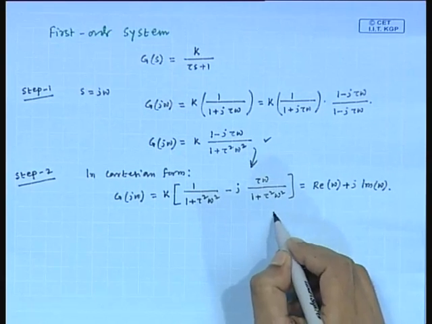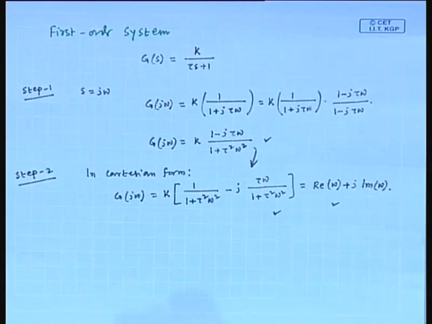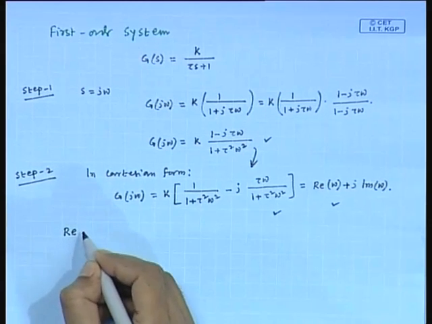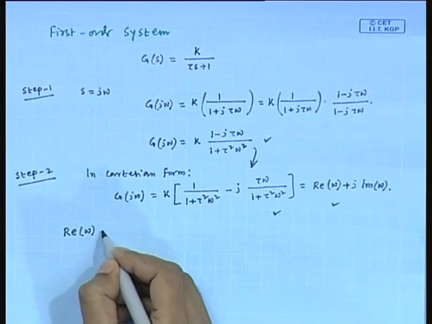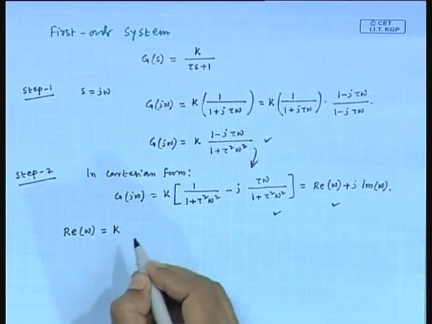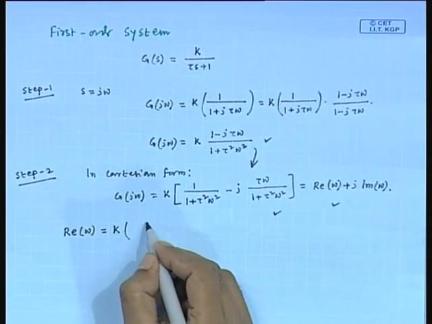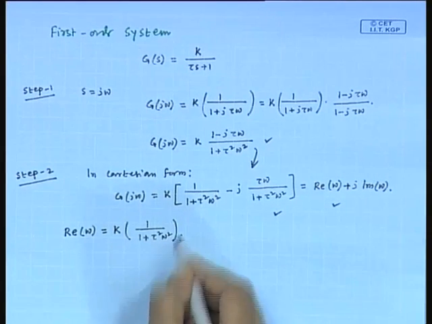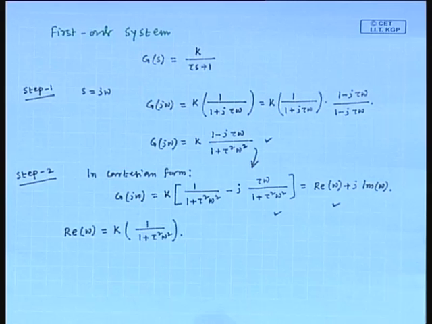So, if you compare this with this, we obtain the real part as this. Real part equals K divided by 1 plus tau square omega square. Fine.